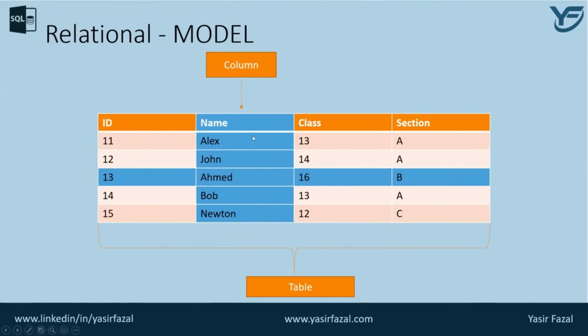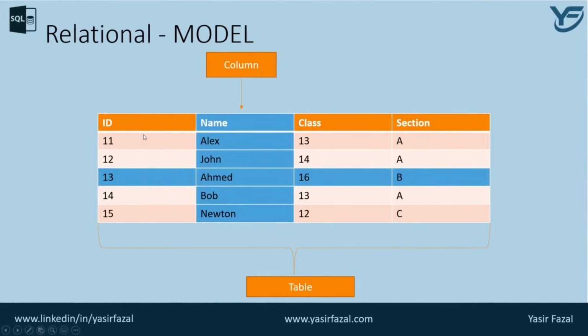Columns could be, for example in this case, ID, name, class, and section. When we talk about columns in a relation, it means columns in a relation contain values from the same domain. For example, there is a column ID, and the ID has atomic values, unique values with a unique data type.